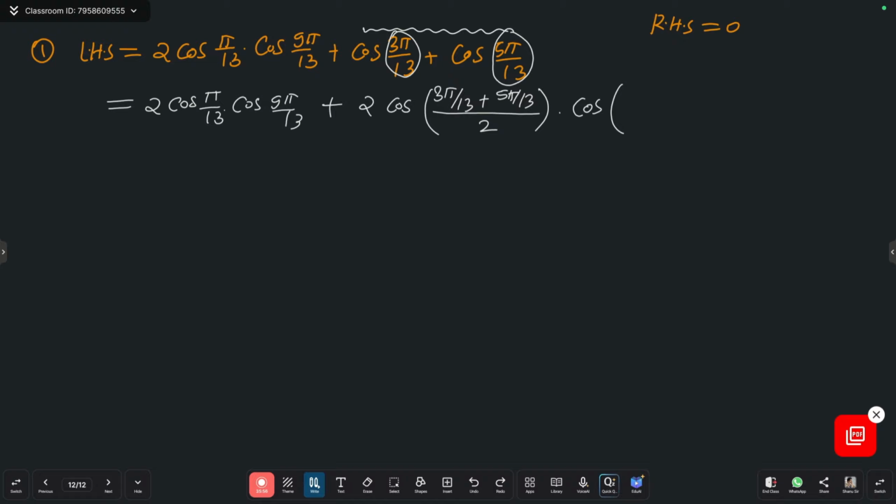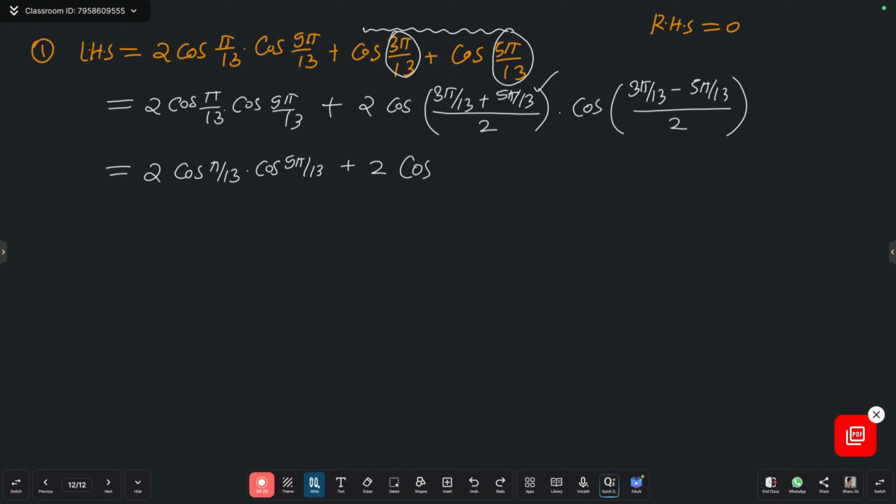So c minus d means 3 pi by 13 minus 5 pi by 13, divided by 2. Simplify: 2 cos pi by 13 cos 9 pi by 13 plus 2 cos. After simplification, what is this bracket quantity?